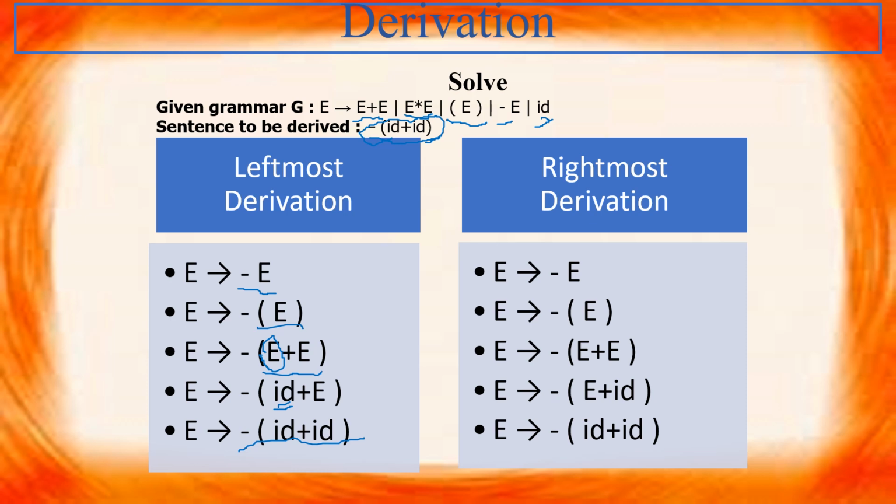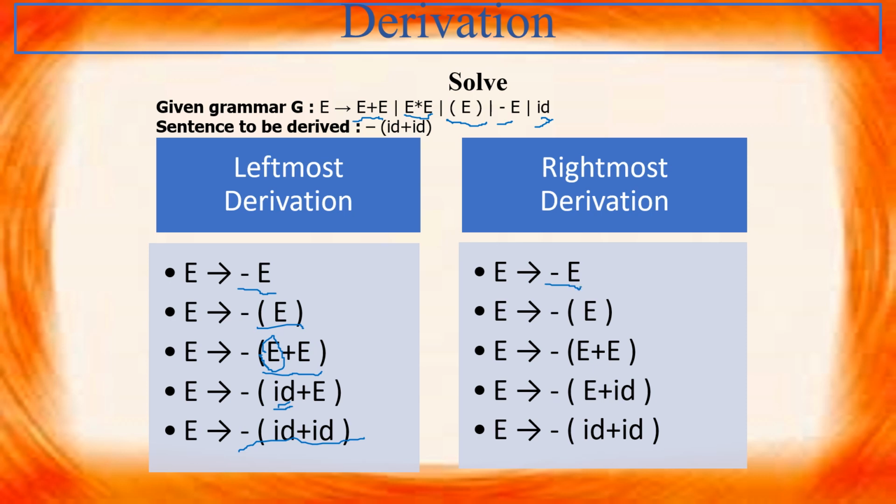In the same way, in the rightmost derivation we apply the production rule to the rightmost variable, changing values from right to left, and step by step we introduce all the variables.